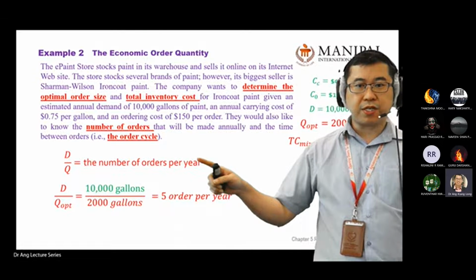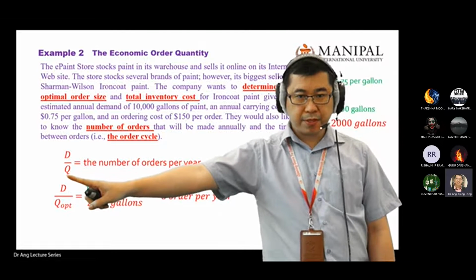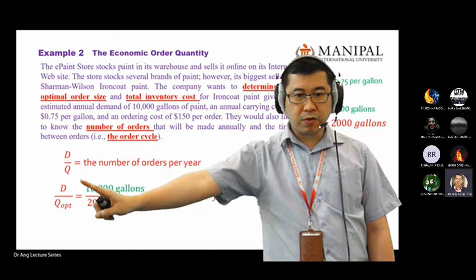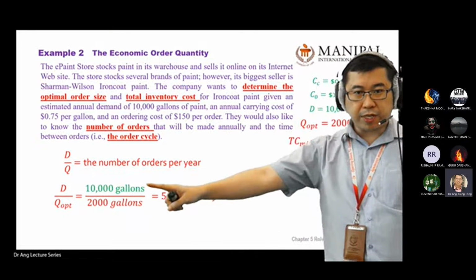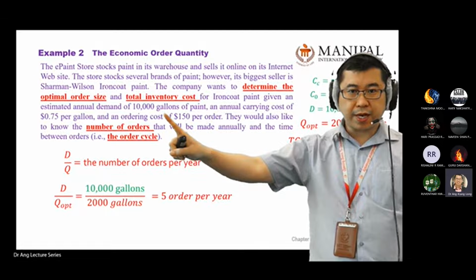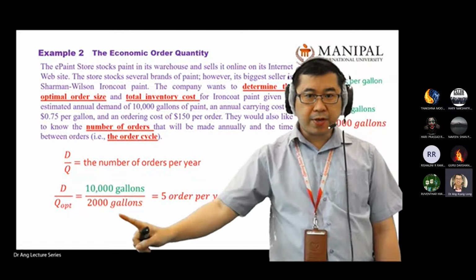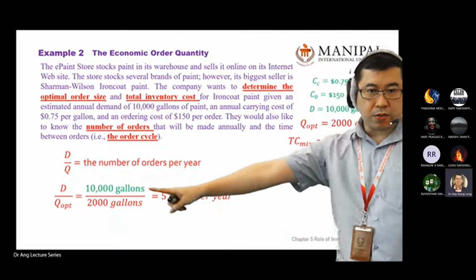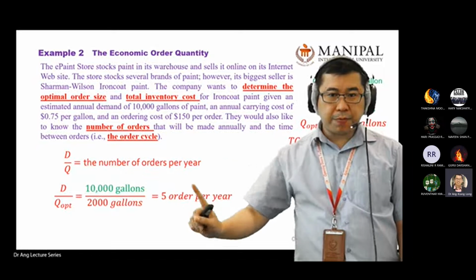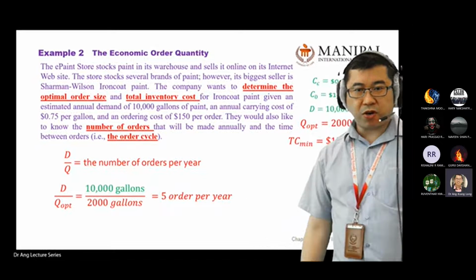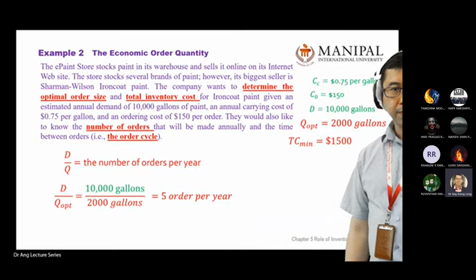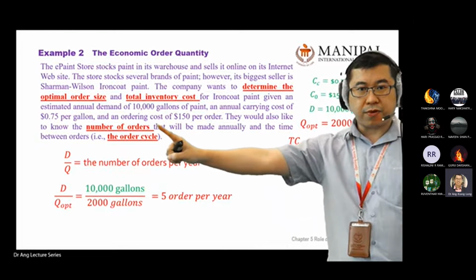In this case, we use the optimum value, D divided by QOP. You have your D, 10,000, and QOP you calculated, 2,000. So your number of orders per year is 5. 5 orders per year. Solved for this one.